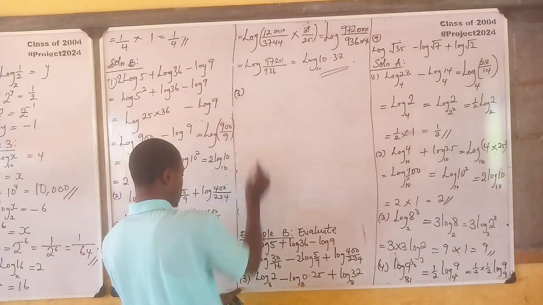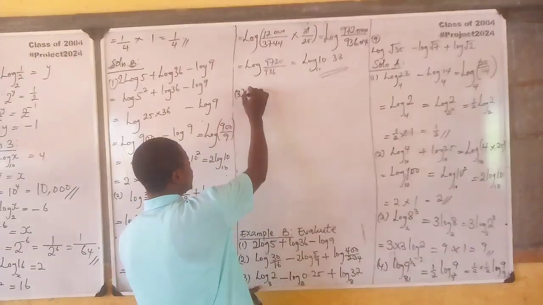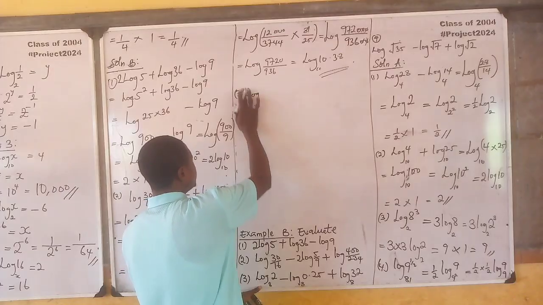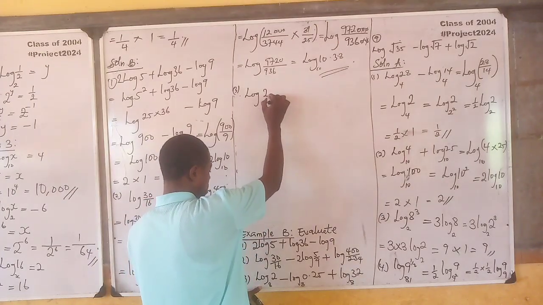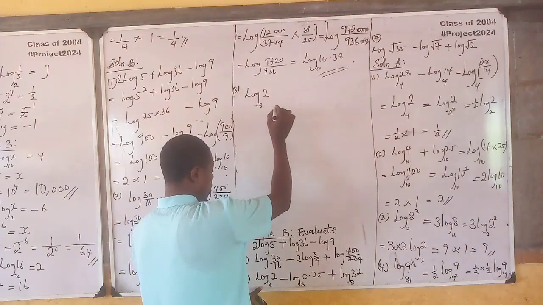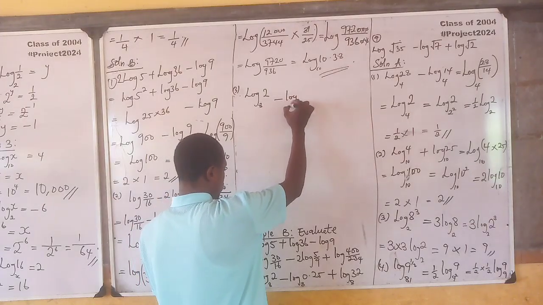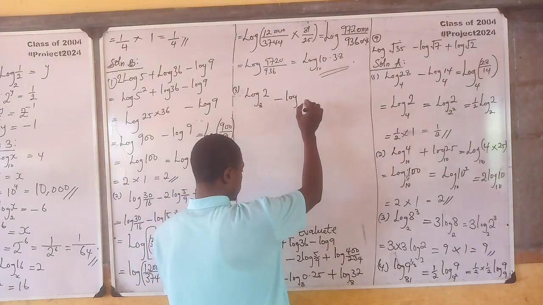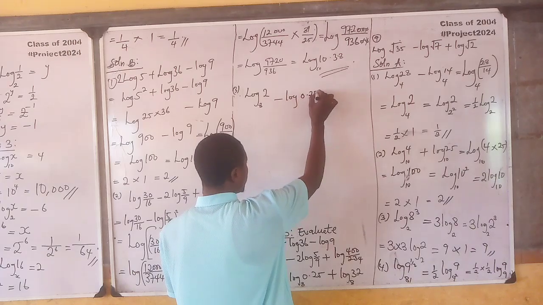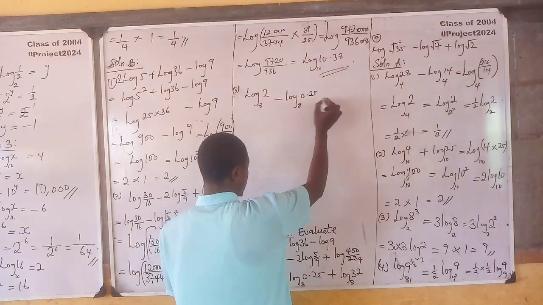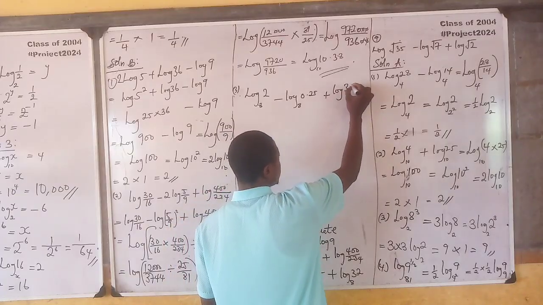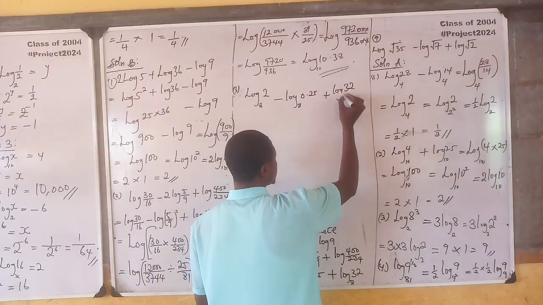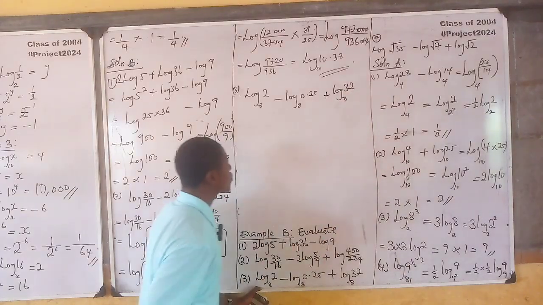Number 3 says that we have log of 2 to base 8, then minus log of 0.25 to base 8 plus log of 32 to base 8. Okay, so now this is what you have.